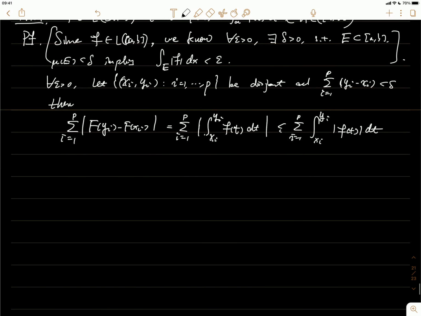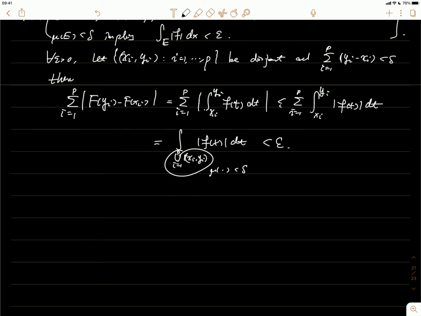We know that this is nothing but the integral over the union of the intervals (xi, yi), from 1 to p, of |f(t)| dt. But this set has measure less than delta, so this is less than epsilon.